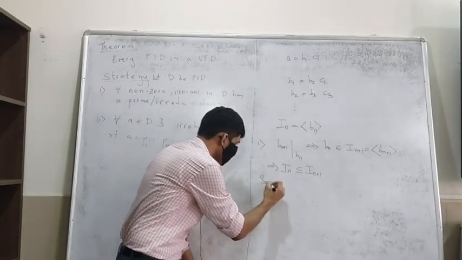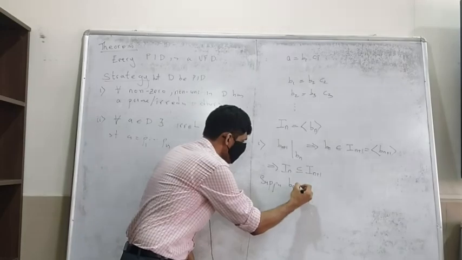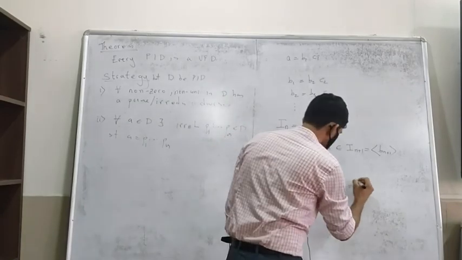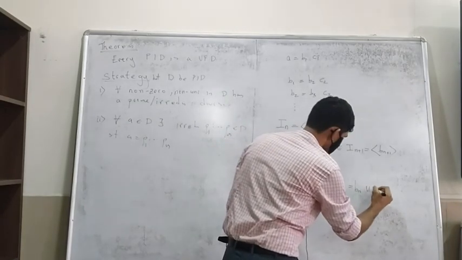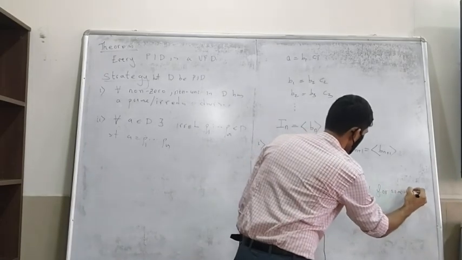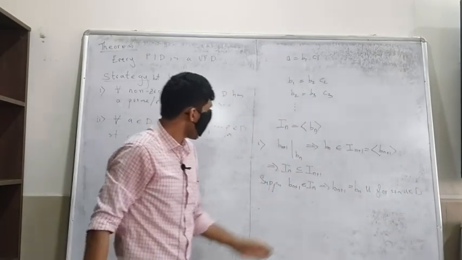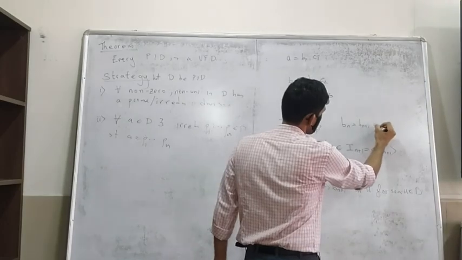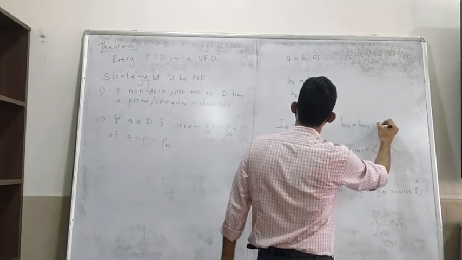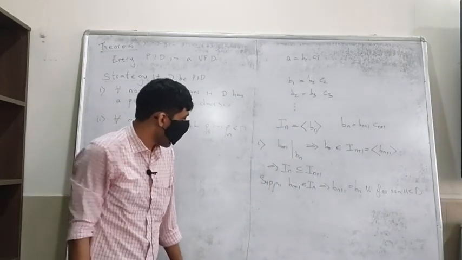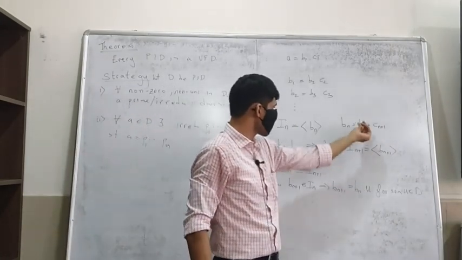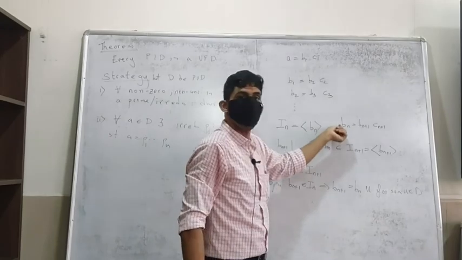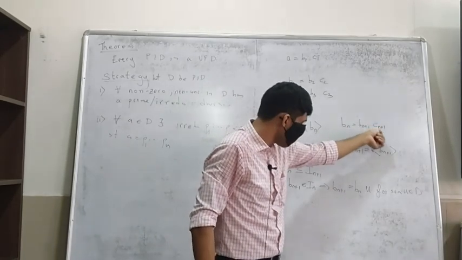Yeah. So, suppose Bn plus 1 is in In, it would mean that you can write Bn plus 1 as Bn times some, let me call it U, for some U in D. Okay, now you just check back, you know that Bn is Bn plus 1 times Cn plus 1, and you can simply substitute this here and you get Bn is Bn U Cn plus 1.